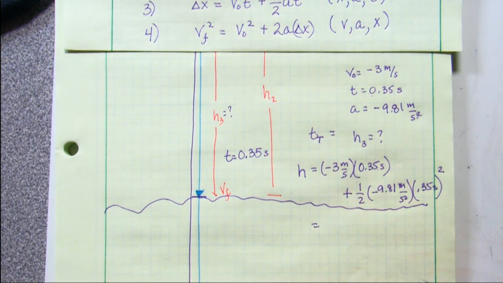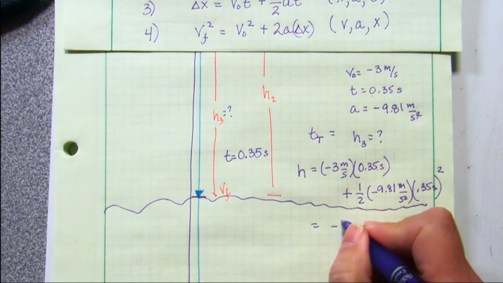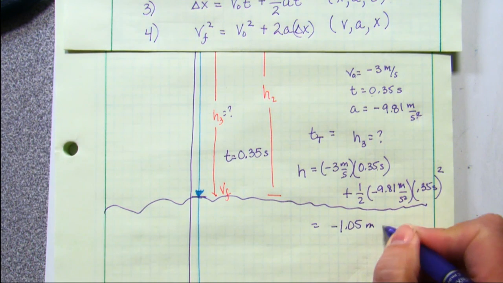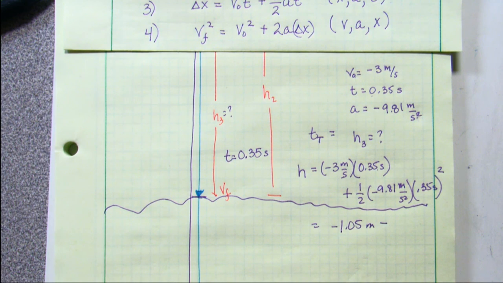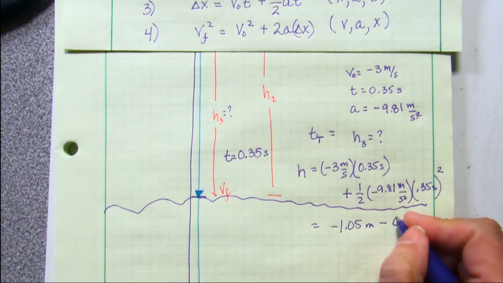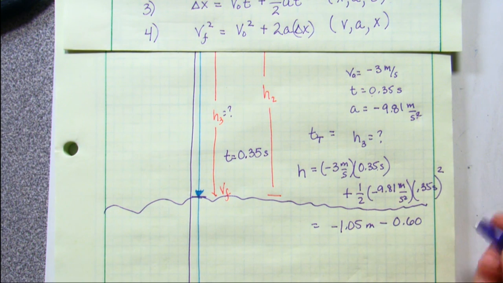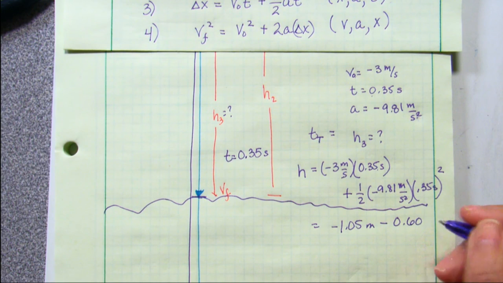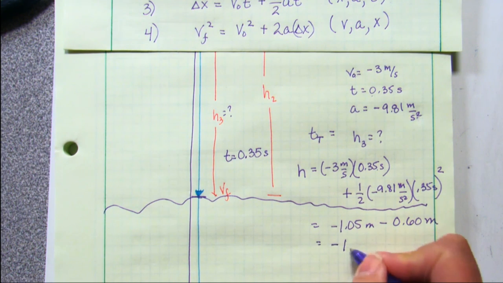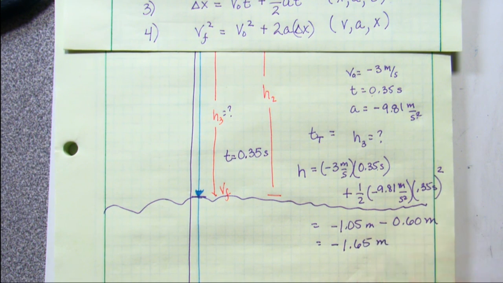Plug that into my calculator. This gives me negative 1.05 meters minus, and if I plug it in my calculator right, I get 0.6 meters. So this becomes minus 1.65 meters.